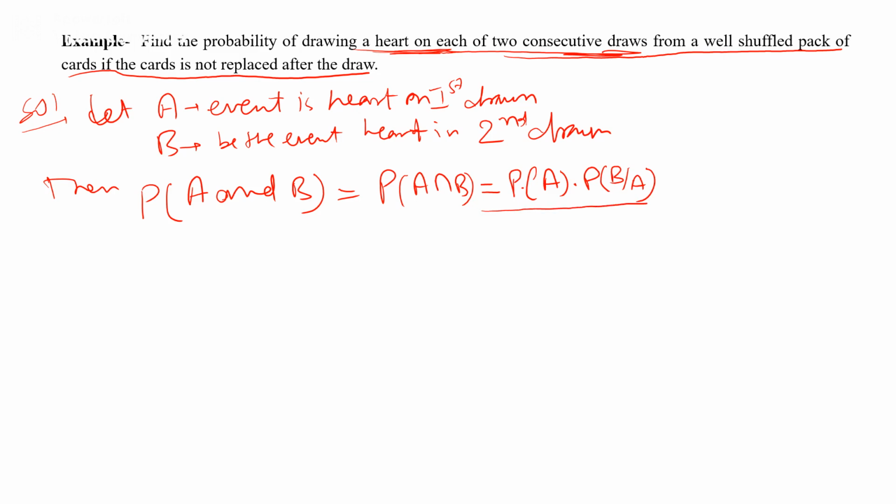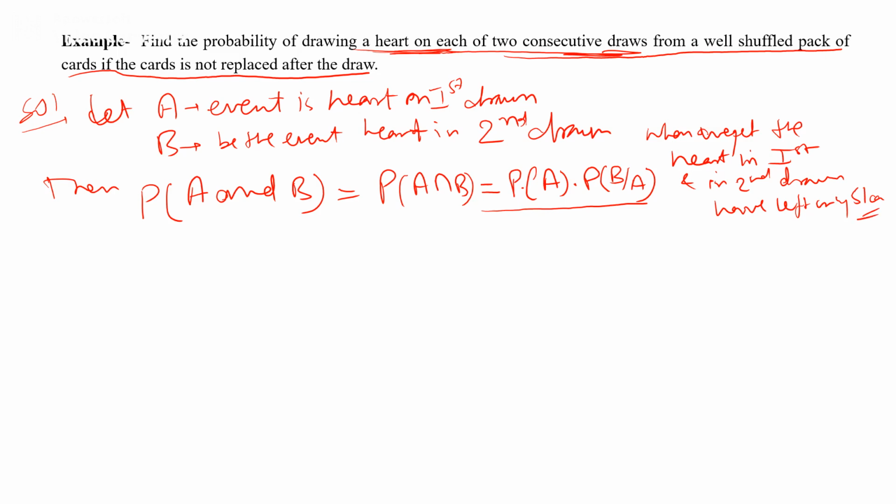Because when we get the heart in the first draw, in the second draw we have only 51 cards left, because we are not replacing the card, so one card is reduced.